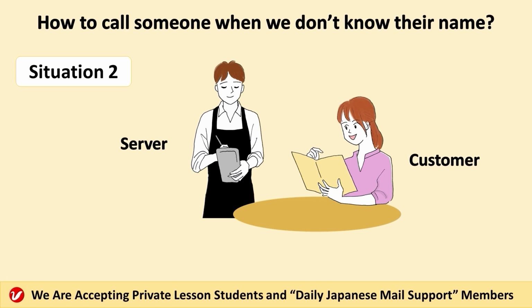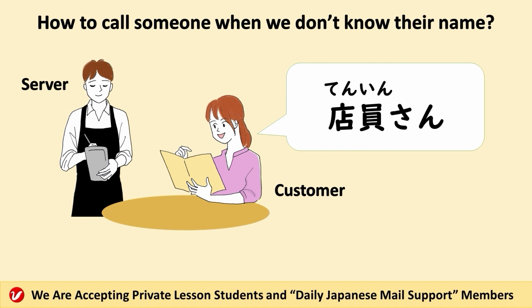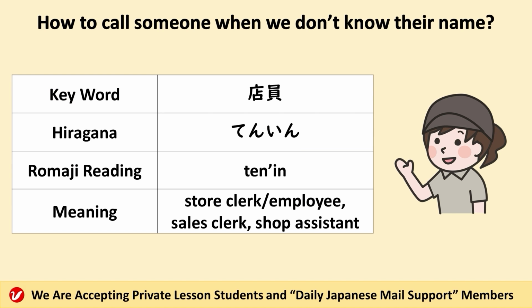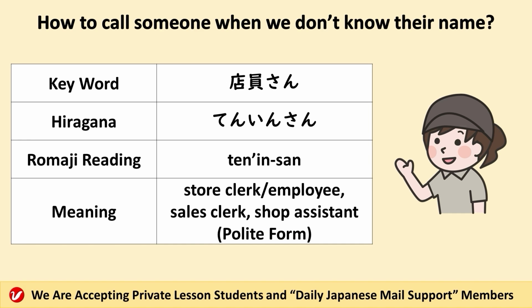Situation 2. The next situation is in a restaurant. They don't know each other's names. The customer calls the server as 店員さん. 店員 means store clerk, store employee, sales clerk, or shop assistant. 店員さん is the polite form.